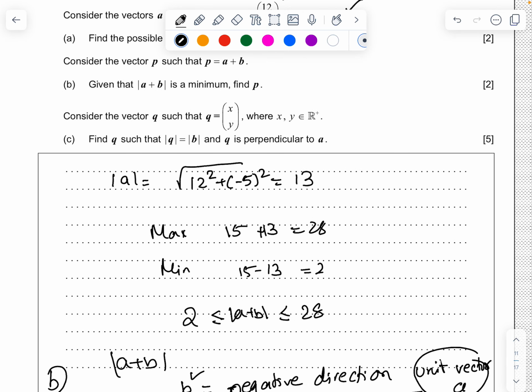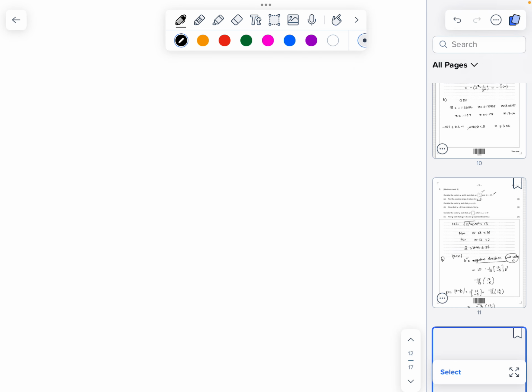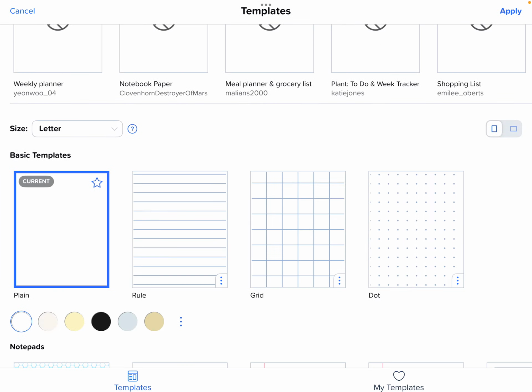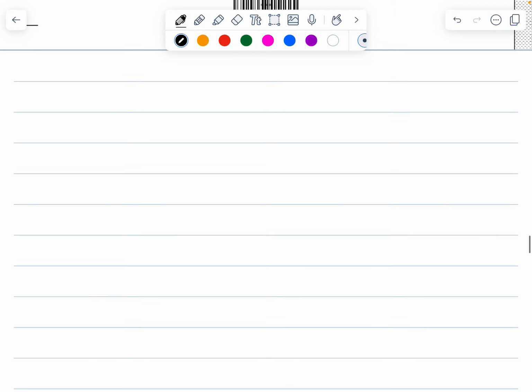Next, part C. Consider the vector Q such that Q equals (x, y). Find the value of Q such that the absolute value of Q equals the absolute value of B and Q is perpendicular to A. So for that, first of all, Q is perpendicular to (12, -5).